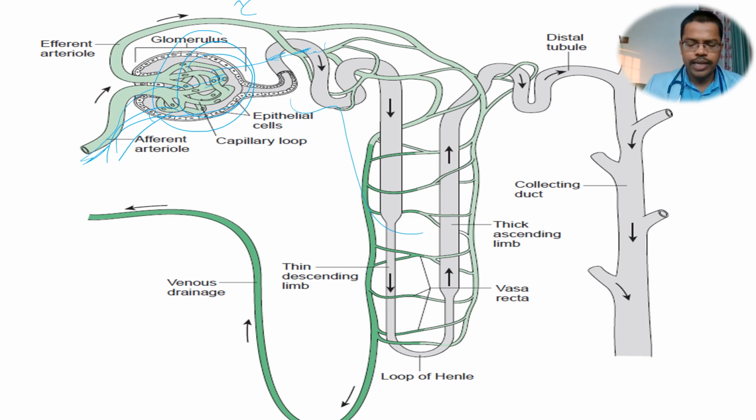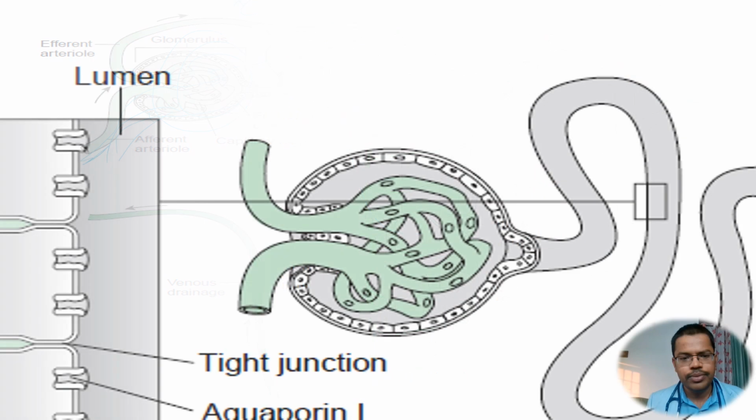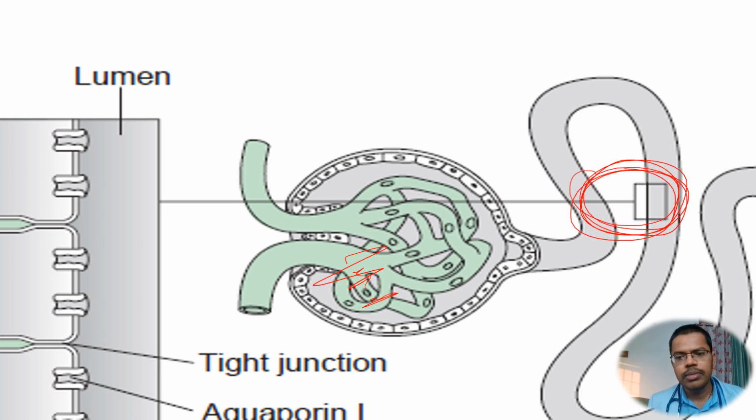Where is the proximal tubule? In this area. In the proximal convoluted tubule, there are many channels.